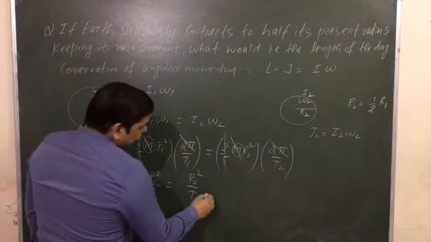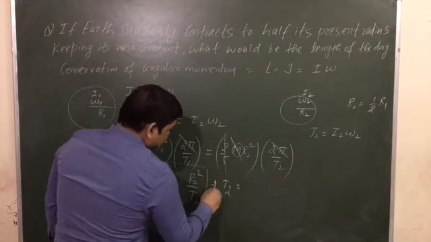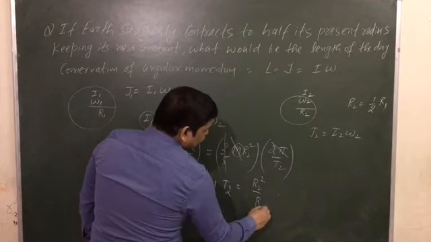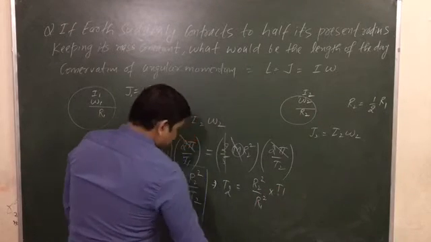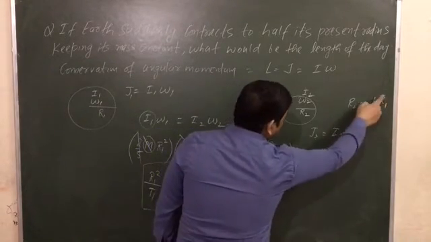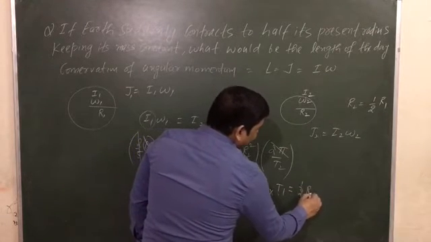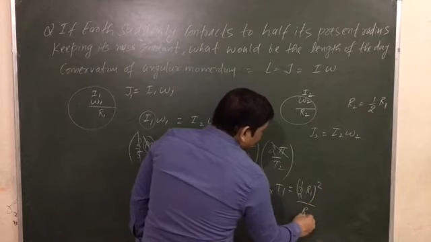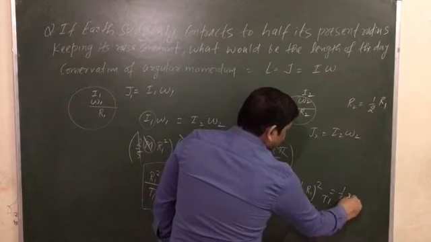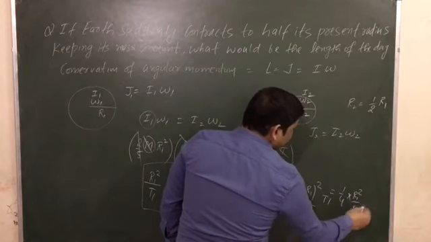Now, from this, T2 will be equal to R2 square by R1 square into T1. We know that R2 is 1 by 2 R1. Therefore, R2 is replaced by 1 by 2 R1 square into T1. 1 by 4 R1 square by R1 square into T1.